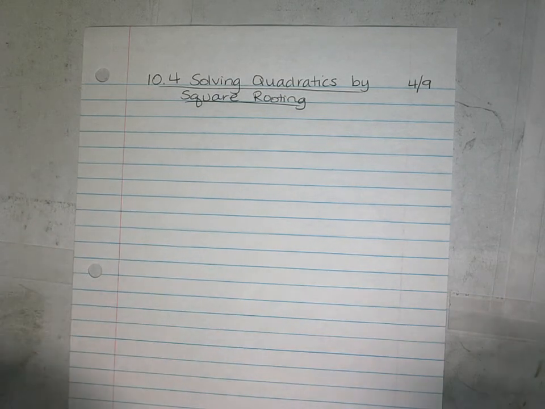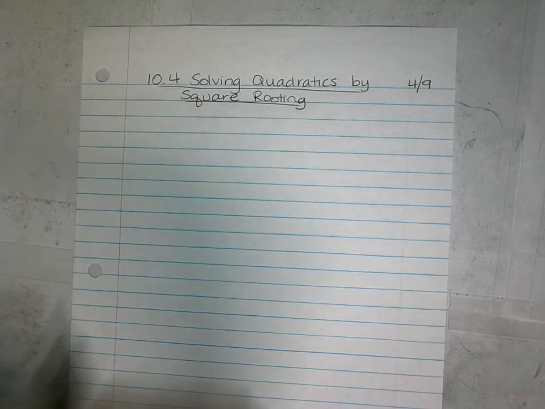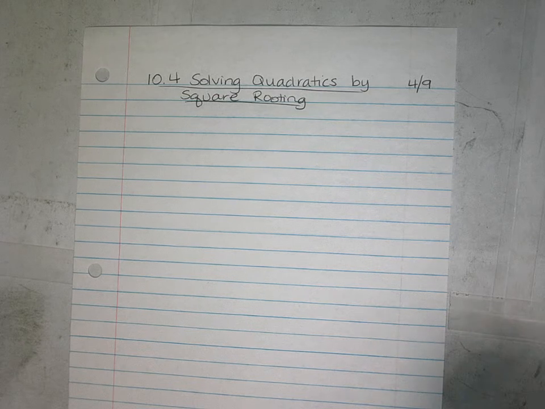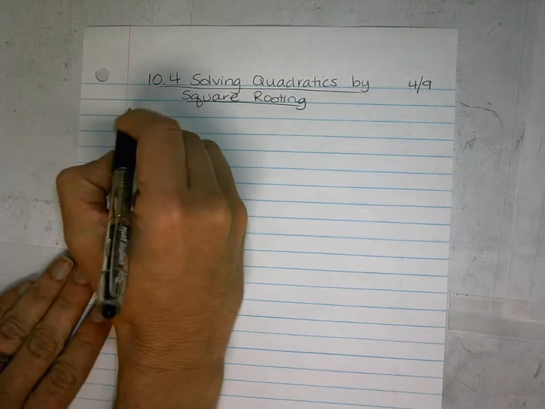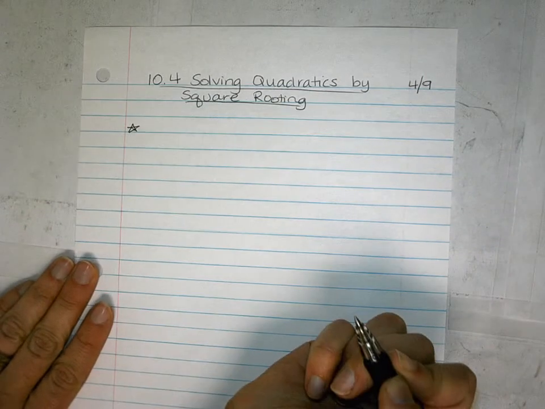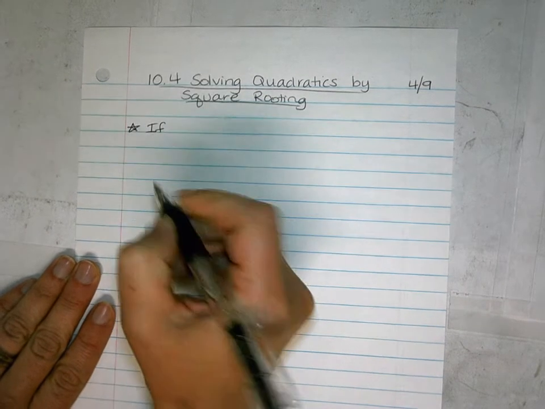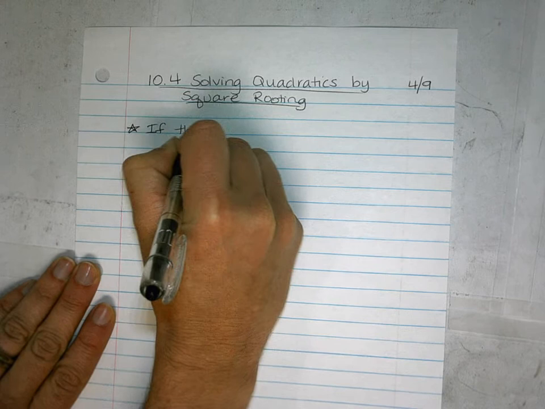All right, first step. So here's kind of the rule. You've learned how to solve quadratics by factoring. You've learned how to solve quadratics by graphing. And this is a third method. Now this method is only used certain times, and I'm going to put a little asterisk. This method is used if there is no middle term.